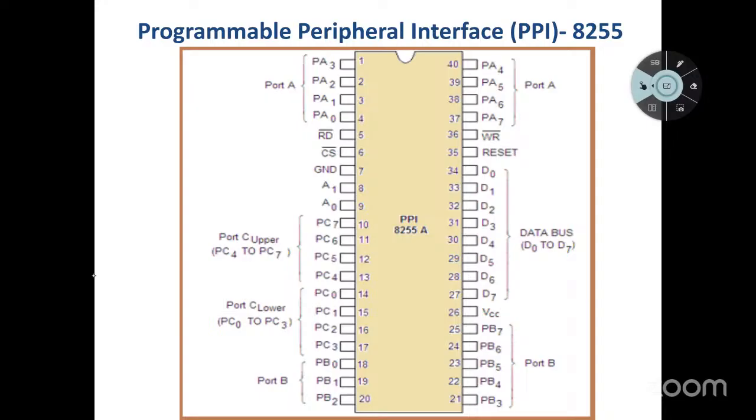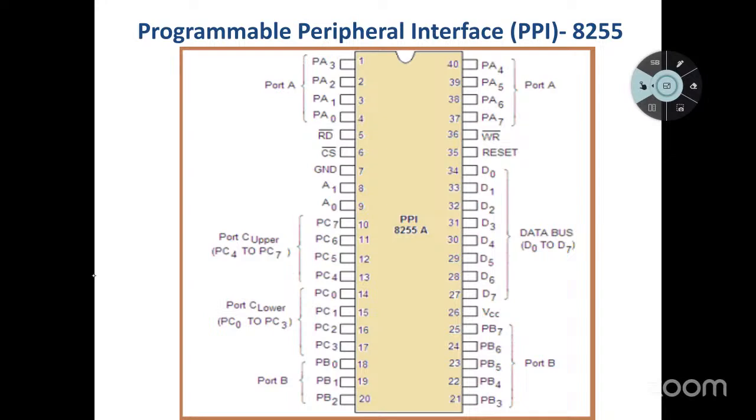Okay. So now, how to connect the 8086 with this 8255 using lines. In order to connect the data bus or data lines: the 8086 has 16 data lines, D0 to D15, and A0 to A20 address lines.